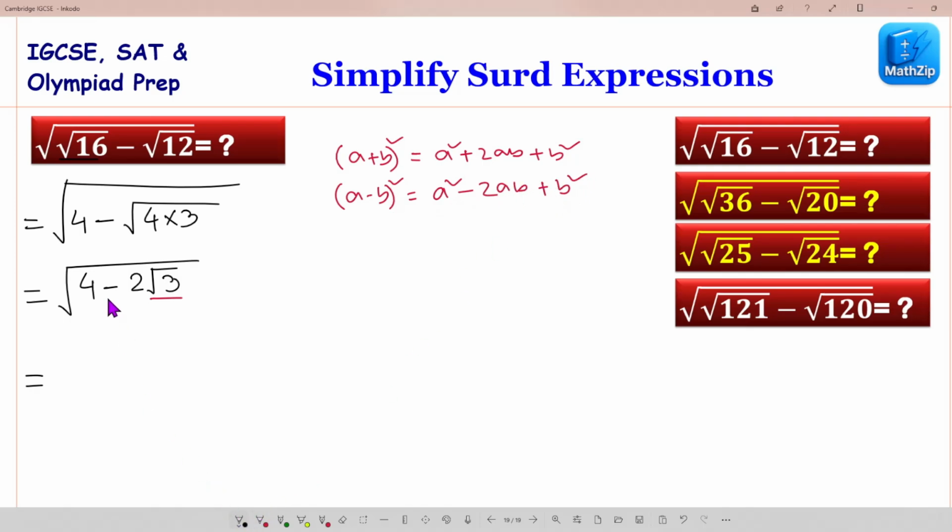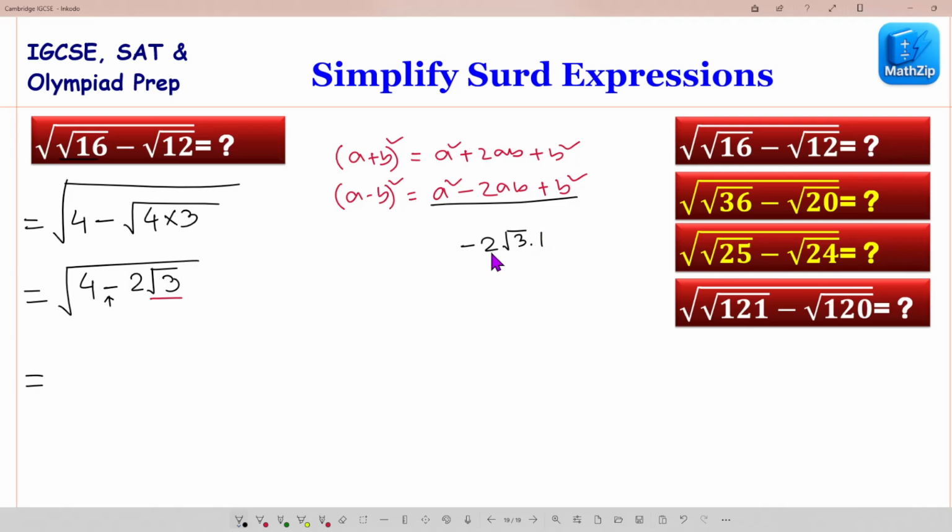So here is minus, so we have to follow this theory, which is a square minus 2ab plus b square. Look, here is 2, so first minus 2, and root 3 is a. So what is b? b is naturally 1, so times 1.